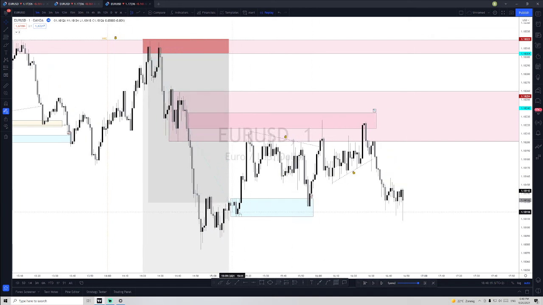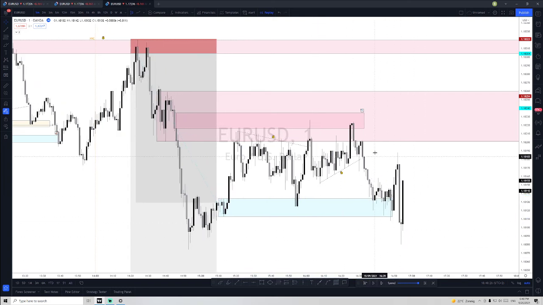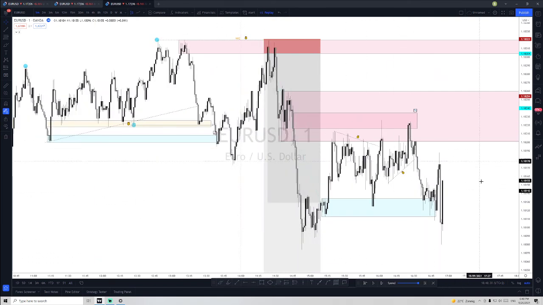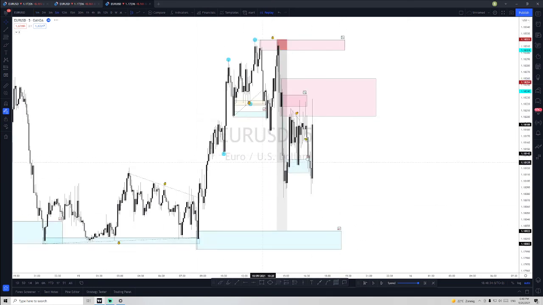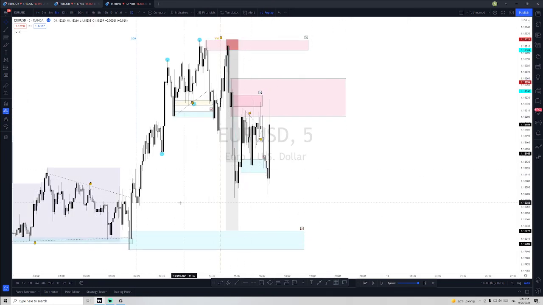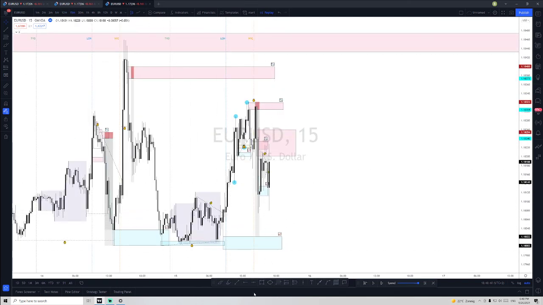Order flow point is still intact. Now it's broken. All right. No real continuation trade for us. It's almost 5 o'clock. Let's see, 15. Okay, so it did come into this and react off of it.